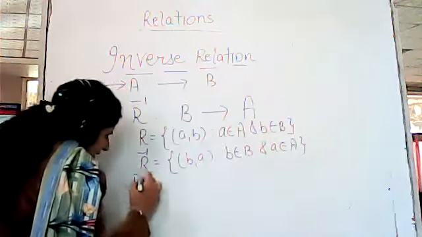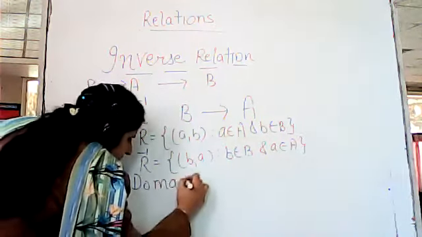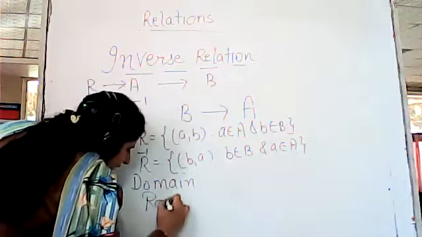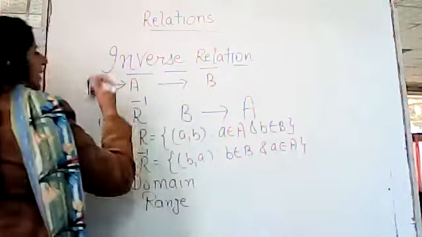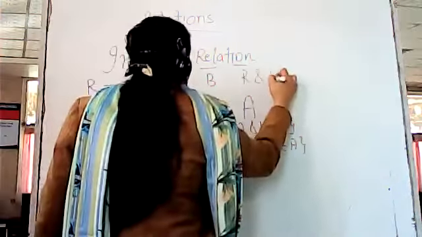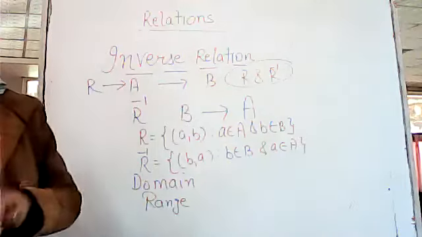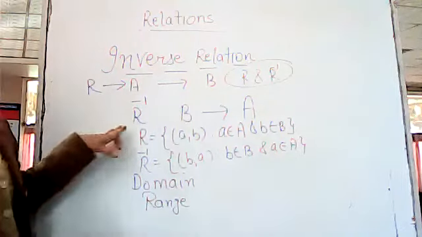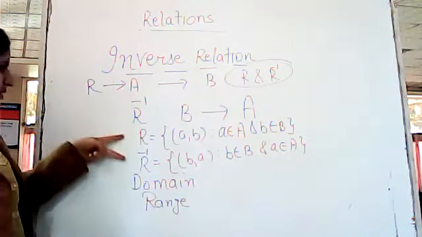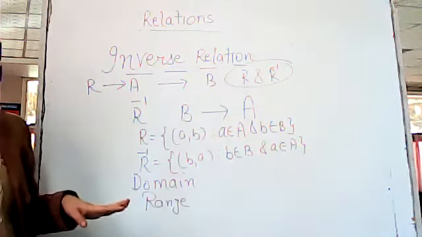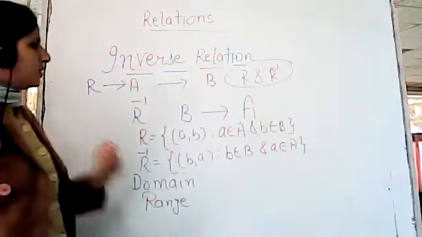Now, what is the relation between domain and range of R and R inverse? Yes beta, I have a very interesting question for all of you. Relation and inverse relation, these two definitions are already explained. Now I have a question.